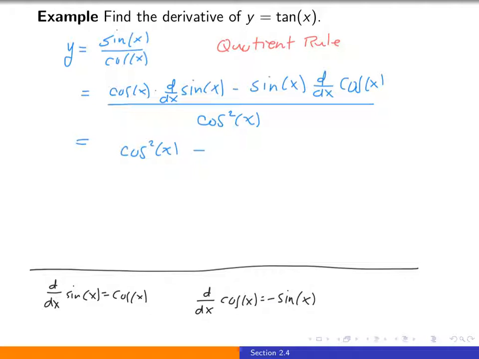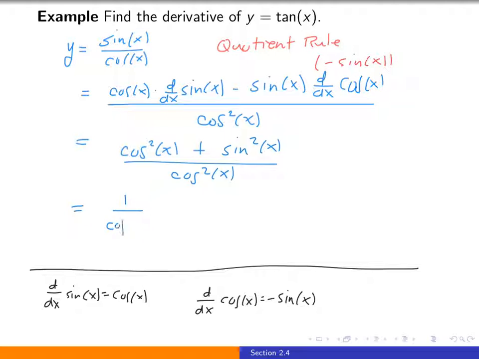So what we really have in that second term is minus sine times minus sine. A minus becomes a positive, and that would be sine squared. And this is all over cosine squared. Cosine squared plus sine squared by the Pythagorean identity is just 1. So the derivative of tangent is 1 over cosine squared.